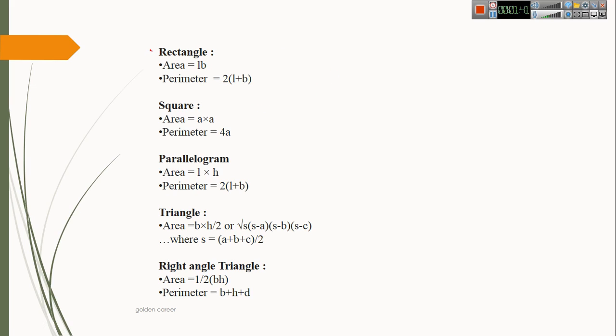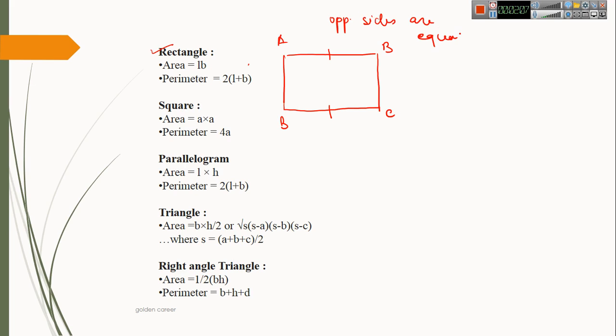So first is rectangle. Rectangle is basically a quadrilateral. The speciality of this plane figure is that its opposite sides are equal and parallel, and all the angles are 90 degrees.